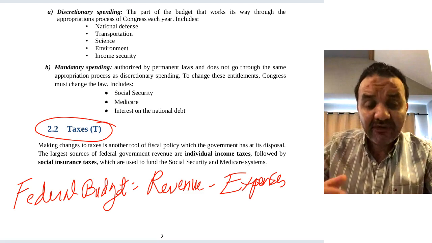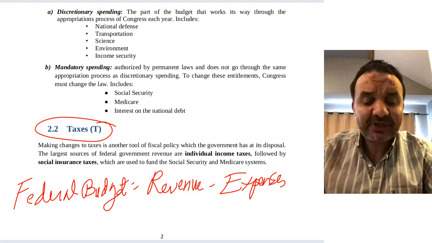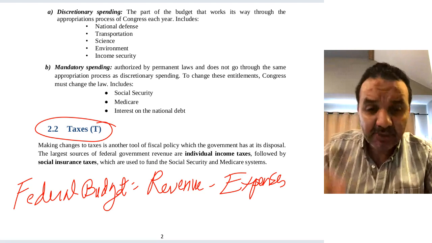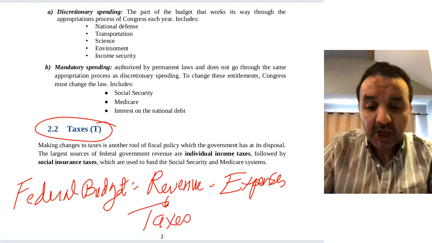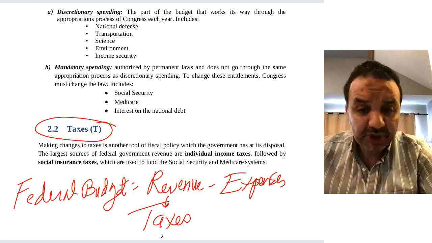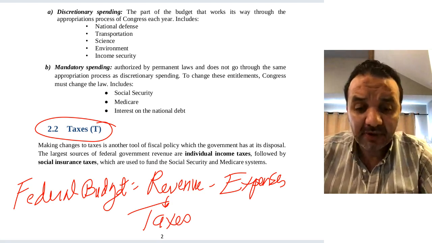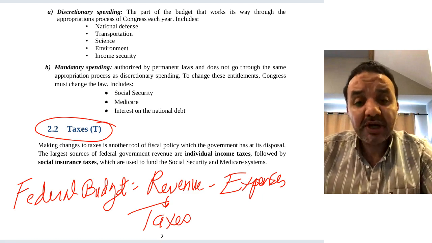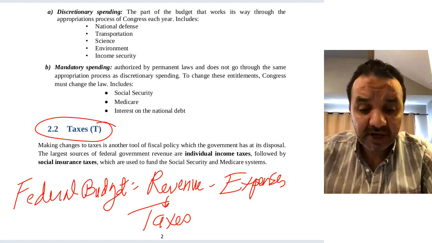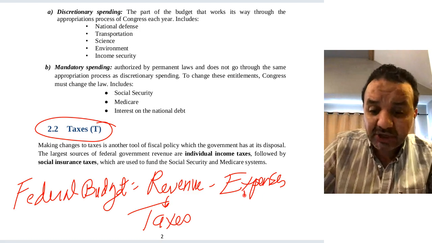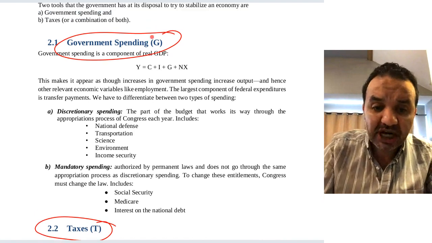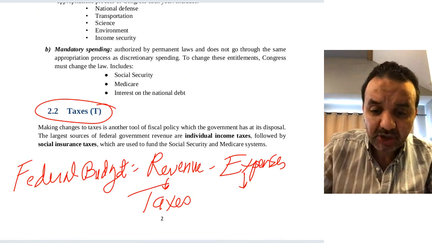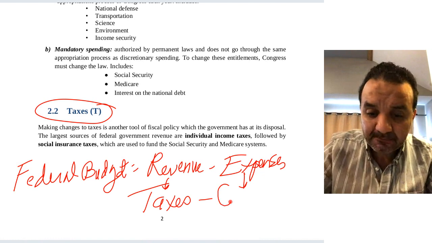From the federal government perspective, what is the main source of revenue? The main source of revenue is taxes, whether personal income taxes, which the federal government collects from people, or the corporate taxes, which they collect from the business. And the main source of expenses is government spending, which is G. So minus government spending.